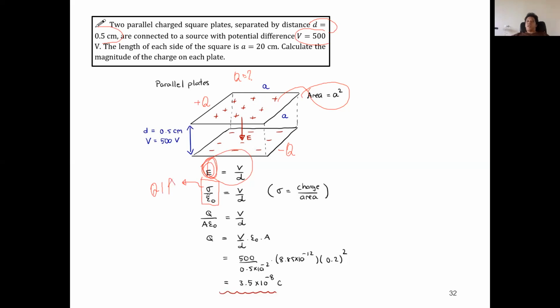So now we can write down sigma in terms of charge per unit area, or Q over A, and A is a known value and V is a known value, D is a known value, epsilon we already know, so we can crack it to find the Q, or the amount of charge on the plate, very easily.